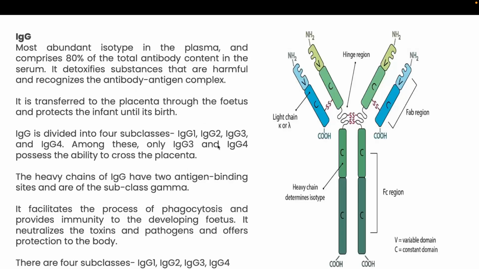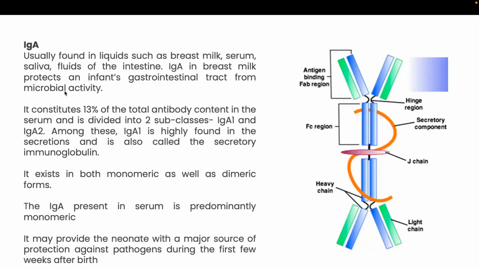Among these four subclasses, only IgG3 and IgG4 possess the ability to cross the placenta. IgG3 and IgG4 are the main subclasses which can cross the placenta, while the remaining two cannot. Likewise, IgA also has two subclasses, IgA1 and IgA2.